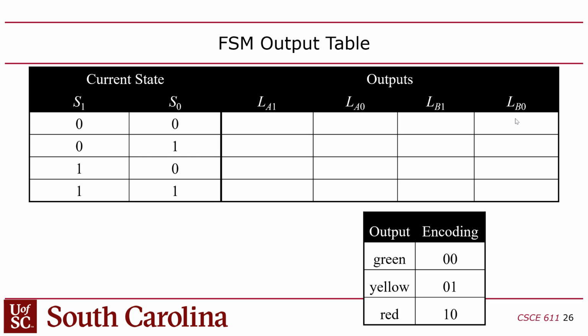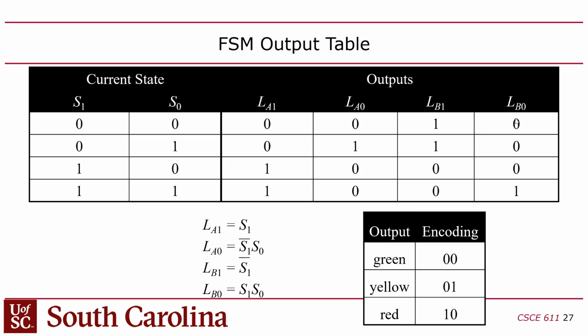Okay, and then for the output, we have to assign codes for these colors for the lights too. So we'll say green light is 0, 0, yellow light is 0, 1, and red light is 1, 0. And so we can build a table that just maps the current state directly to the outputs. In this case, there are 4 total bits of output because there are 2 traffic lights and each traffic signal color is 2 bits, right?